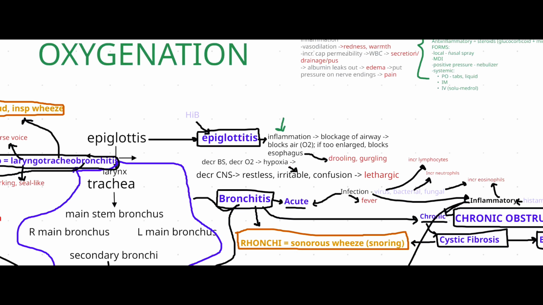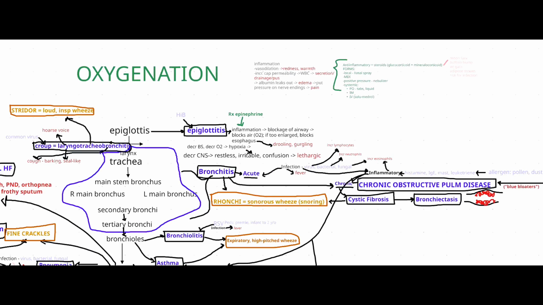Okay, adrenaline. Anytime you have severe inflammation, and this is true for croup as well, where we have our stridor, you can also use epinephrine if it's really bad. Because what does epinephrine do?